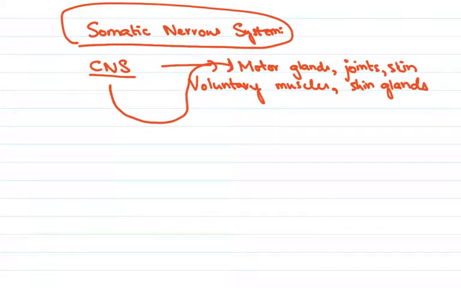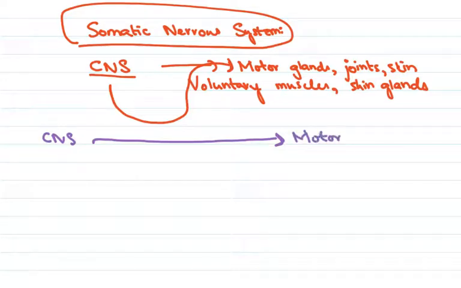And what happens really is that there are two different routes of nerve fibers. One are those that are carrying signals from the central nervous system to these motor or skin glands. And these basically could be signals about, for example, how to behave.